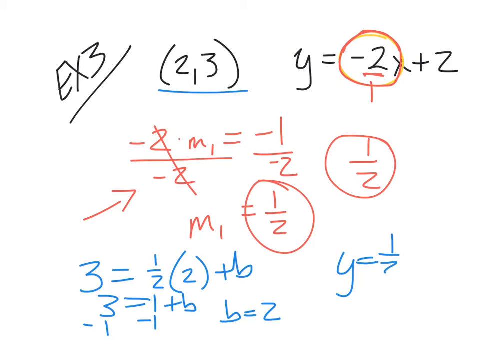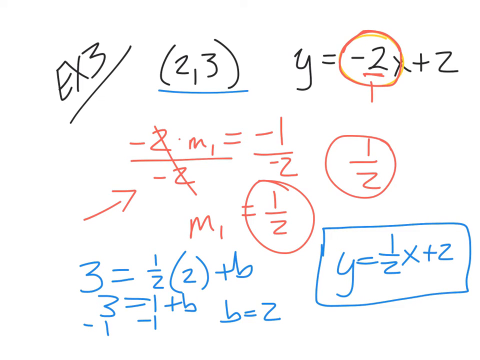So my new equation, my new line, is y equals 1/2 x plus 2. So that line will be perpendicular to this first line that they gave us. You could graph it and see it if you wanted to. Any questions?